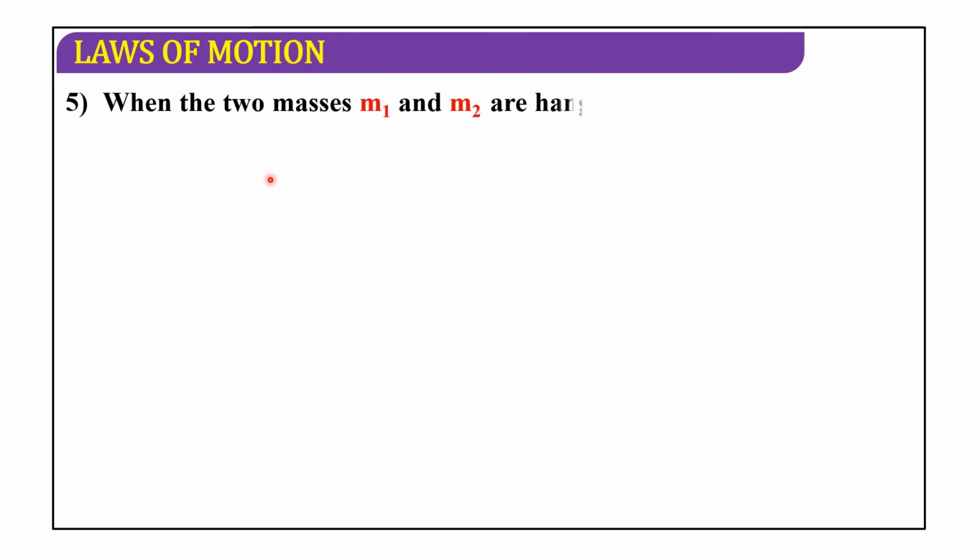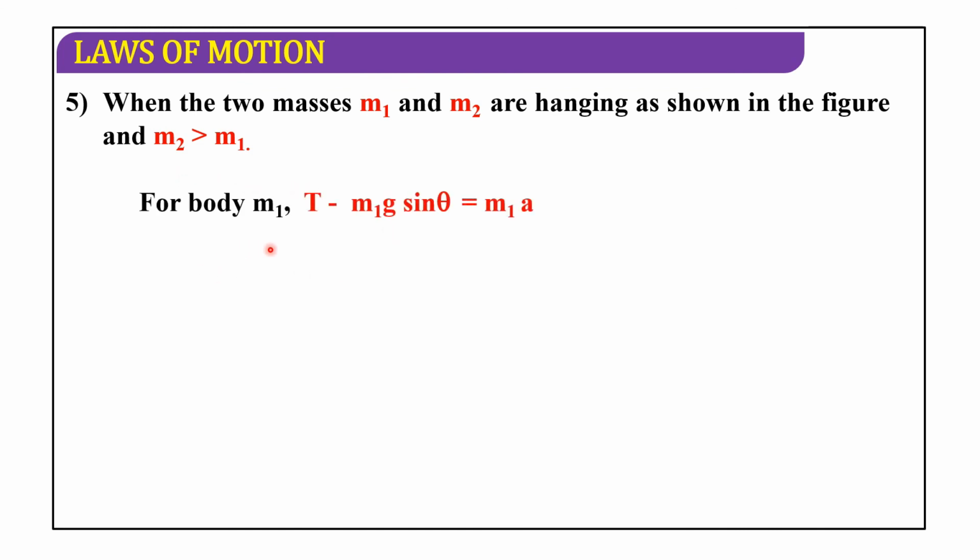When two masses m1 and m2 are hanging as shown in the figure and m2 is greater than m1, for body m1, t minus m1 g sin theta is equal to m1a. For body m2, m2 g minus t is equal to m2a.